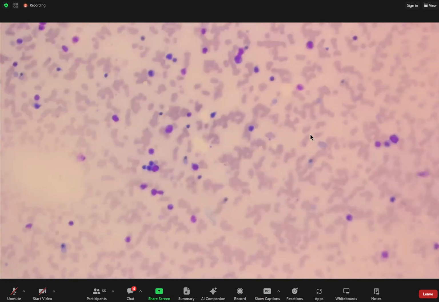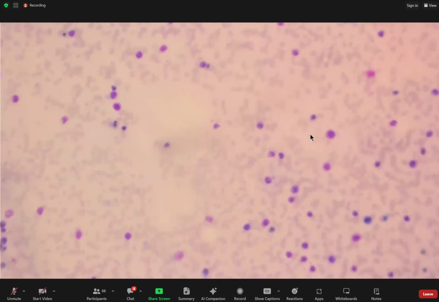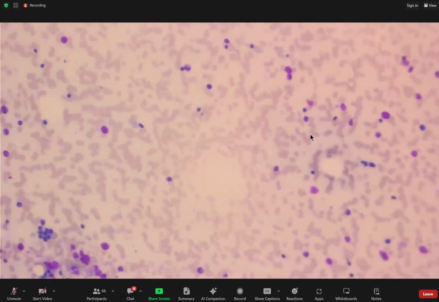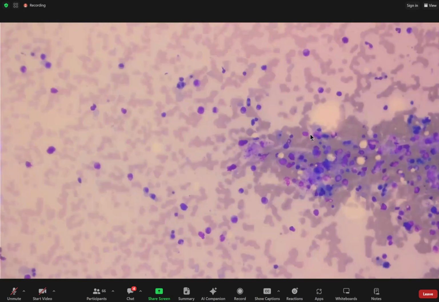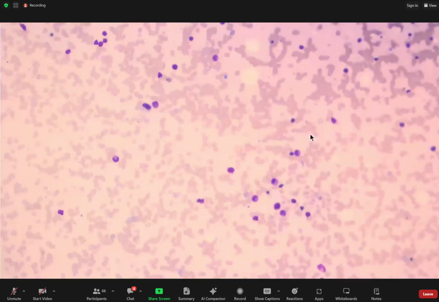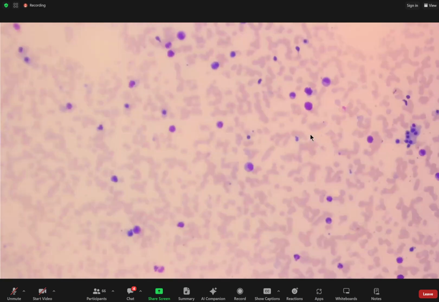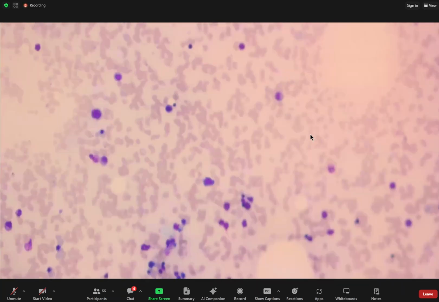Do you think there are aggregates of erythroid cells? Yeah, actually, this is a bit of a clotted sample as well because all these erythroid cells are already aggregated together, and there are also the platelets. So it's not really a good smear. Do you think the so-called aggregates of erythroid cells are within a macrophage?